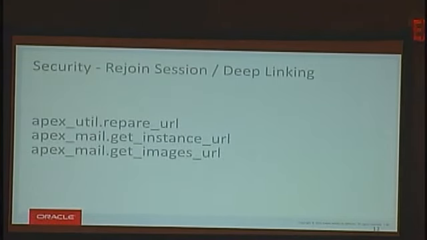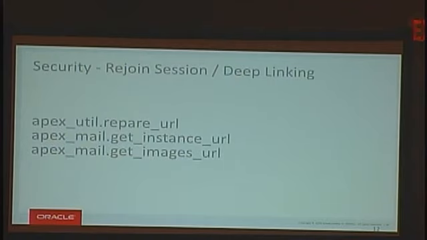And especially if you're sending out URLs for your current application, these APIs are interesting, especially the APEX_MAIL GET_INSTANCE_URL that will provide you the full URL for your application. So it will automatically know your domain name and so on, so you don't have to hardcode that within your application.